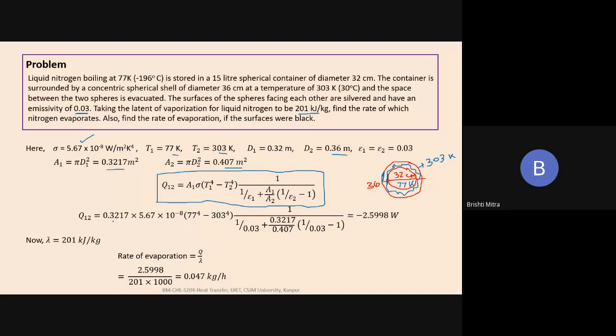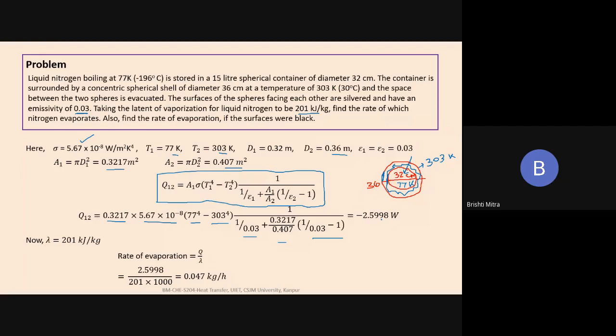So now if I put in all these values, that is A1 into sigma (T1 to the power 4 minus T2 to the power 4) divided by [1 by epsilon 1 plus A1 by A2 (1 by epsilon 2 minus 1)], the amount of energy loss that we have is minus 2.5998 watts, or say about 2.6 watts. Minus 2.6 watts. So what does minus mean? The heat is essentially coming from outside to inside. That is why there is a minus sign out here.